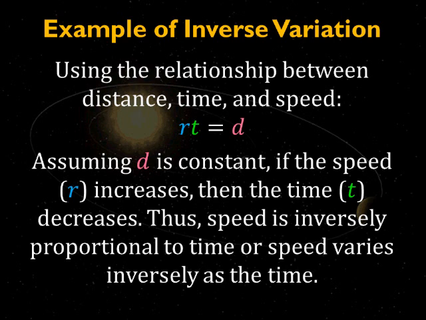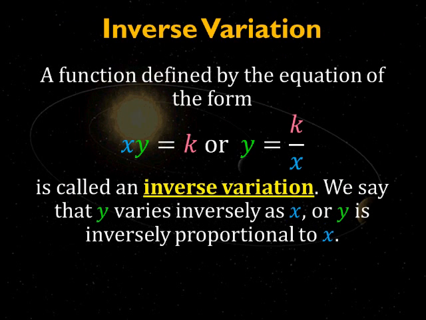Inverse meaning opposite. So here is the function defined by the form of the equation xy equals k, or y equals k over x. This is called an inverse variation. And as I said before, we say that y varies inversely as x, or y is inversely proportional to x.